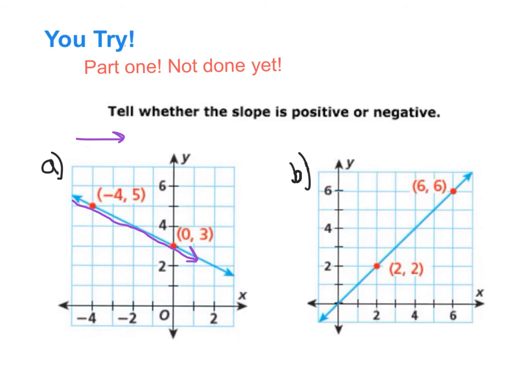That would mean that we have a negative slope. In option B, again, as we read from left to right, our slope rises up, which means that our slope is positive.